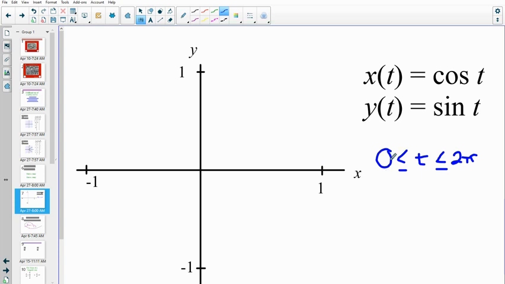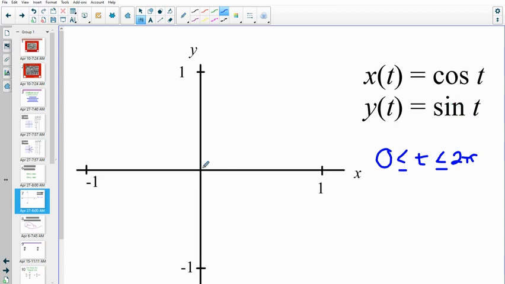And then as time goes by between 0 and 2 pi, I know that the x value is going to decrease down to -1 and then increase back up to +1. So on my Etch-a-Sketch, I'm starting over here on this side of the screen. I'm going to go to the left and then back to the right. But at the same time, my y value is doing what the sine curve does.